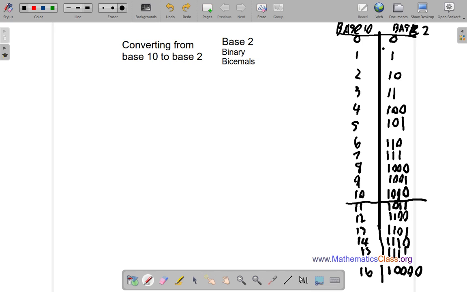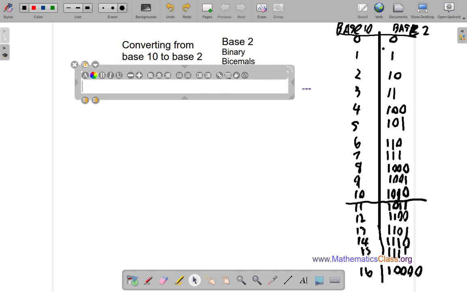Basically, the method that we're going to use consists of dividing the number by 2. We write the answer, what we get, answer and remainder.